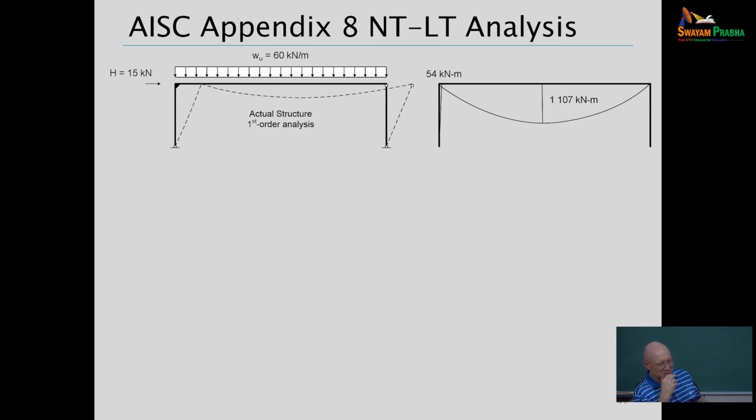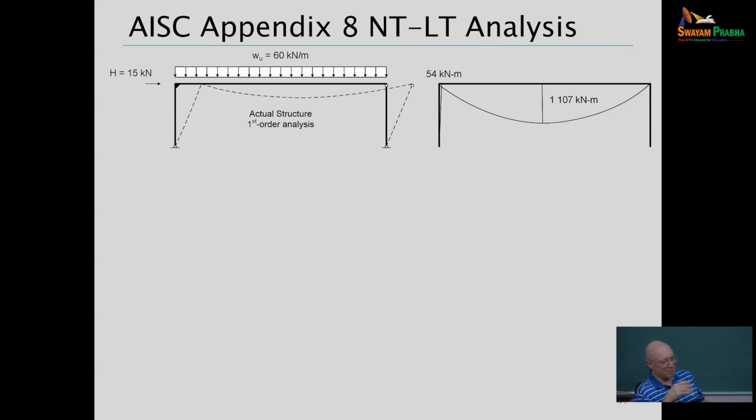You might be thinking of the second order effects. So here, let's walk through it. Because the right-hand column is a leaning column, it cannot develop any shear. Since it can't develop any shear, it can't develop any end moments. It's what we call in statics a two-force member, right? And so whatever you do, the moment at the right-hand end of the beam is 0. There's no thrust coming from the column on the right.